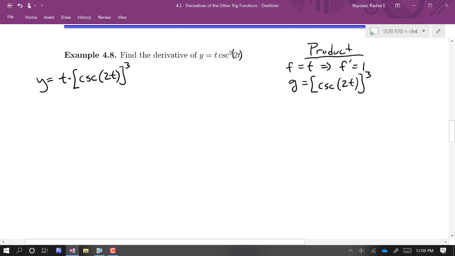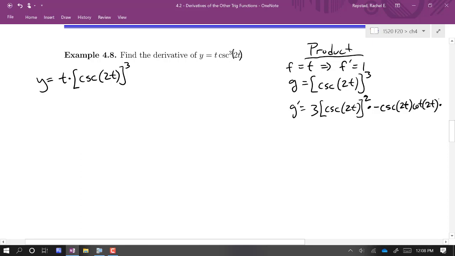So that's a power rule derivative. So we'll bring the 3 down. And I have cosecant of 2t squared times, and the derivative of cosecant, if you go back to that first page of this section, that derivative is negative cosecant 2t cotan 2t.